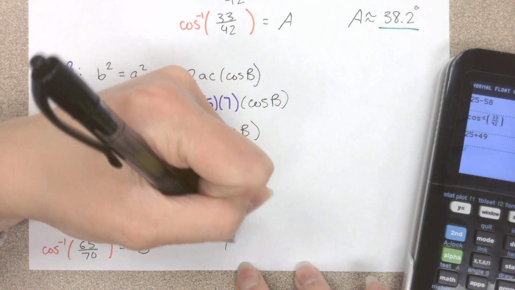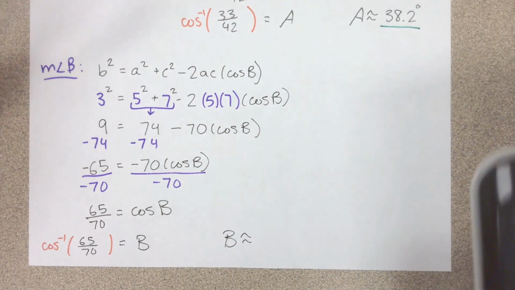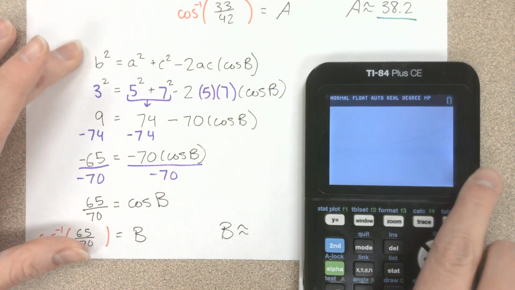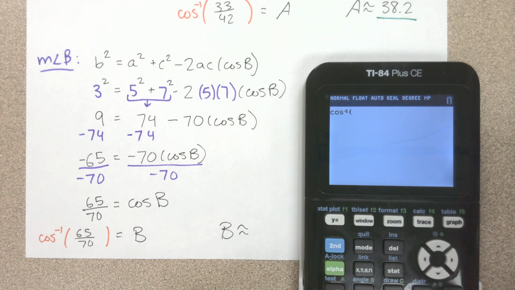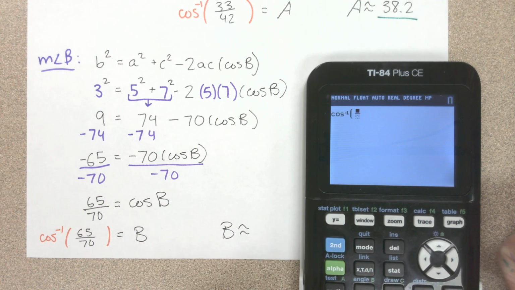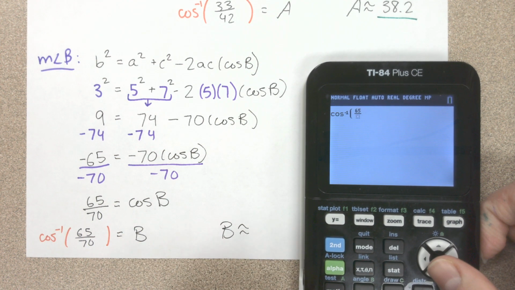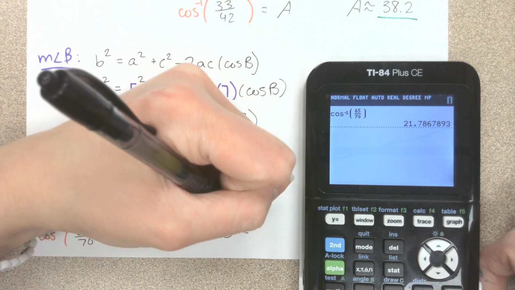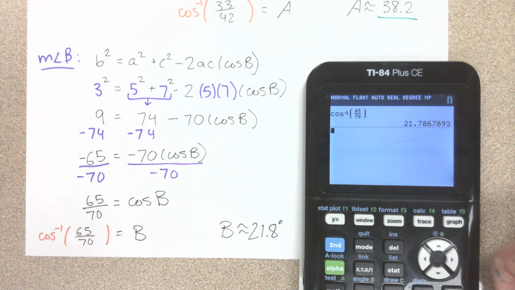And then we round B using cosine. 21.8 degrees.